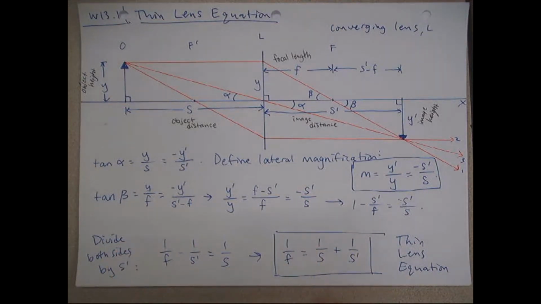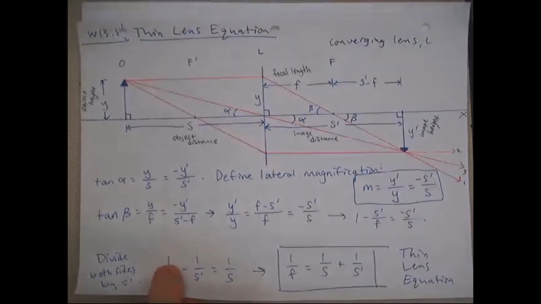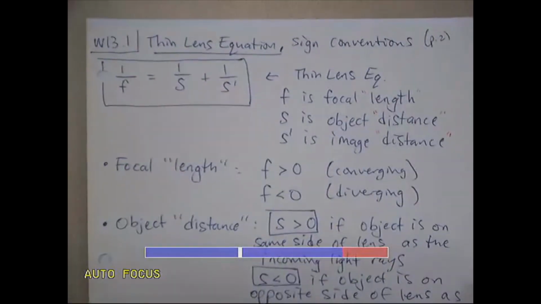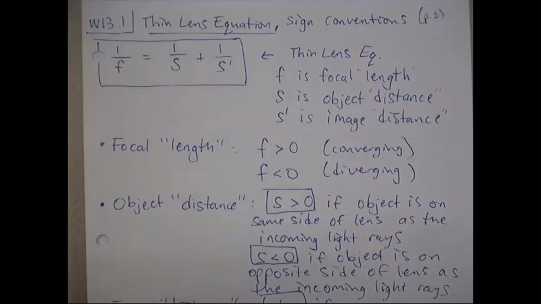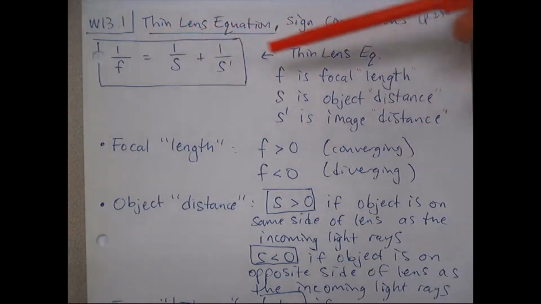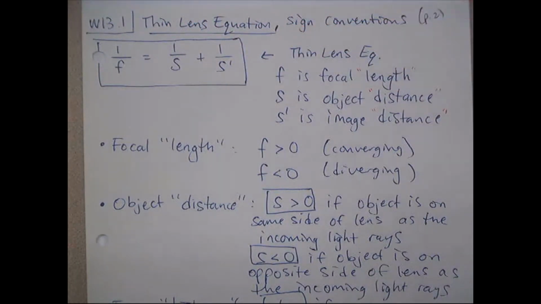To succeed in applying the thin lens equation, you're going to need to follow some sign conventions. So with our equation, we're going to be inserting both positive and negative values for these three variables, f, s, and s prime.